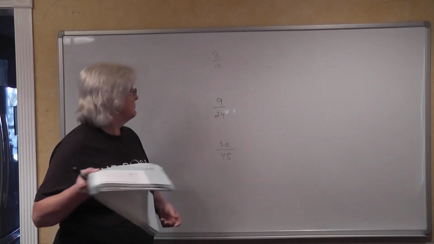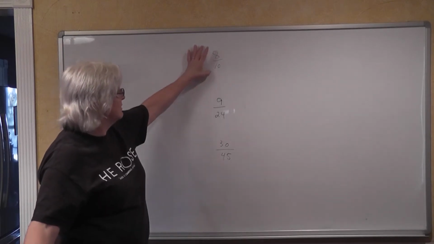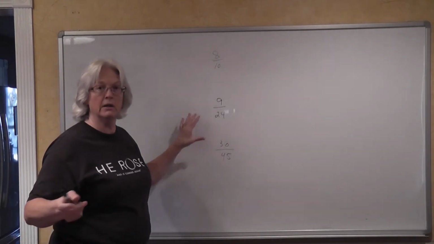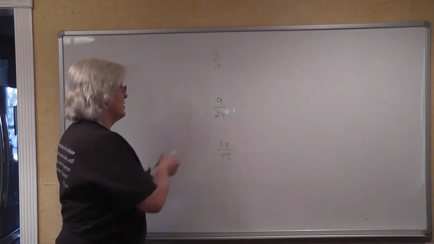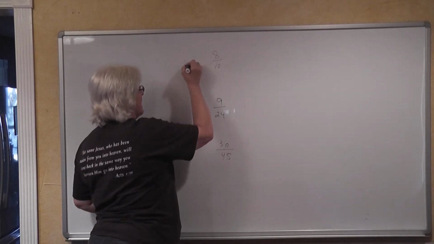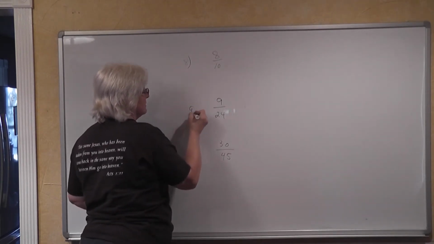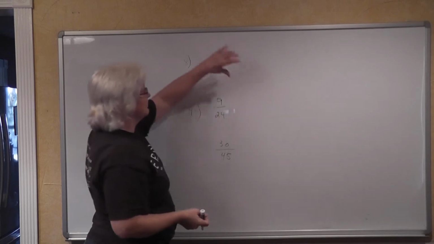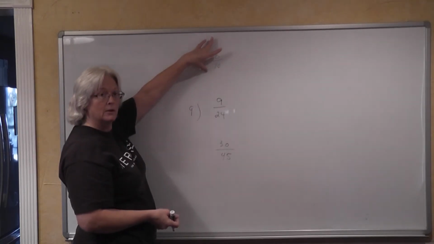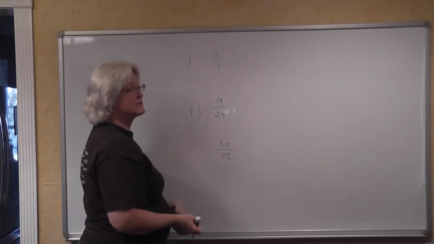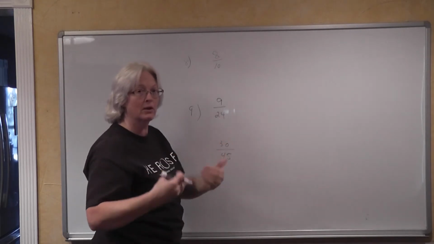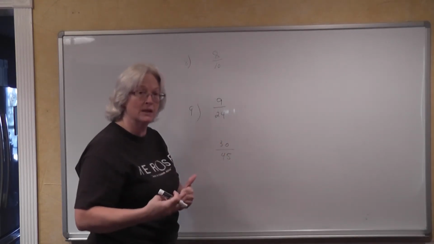First it says, figure out what the greatest common factor is for number 8, and number 9. What do we have for our greatest common factor here? Well, 2 is our GCF, and I'm not going to go back through how you find the GCF.